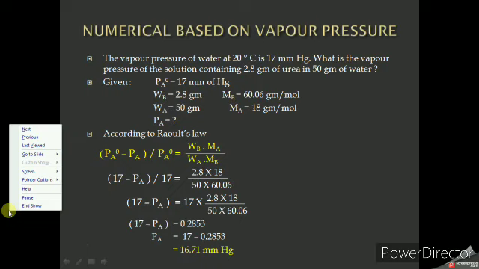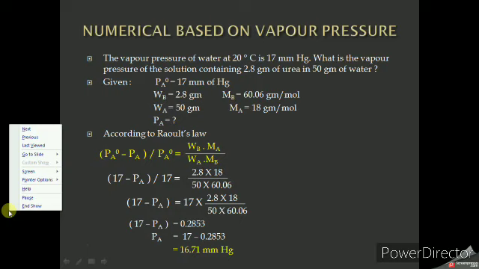So substituting the given values, 17 minus PA divided by 17 is equal to WB is 2.8, MA is 18, divided by WA is 50 and MB is equal to 60.06.